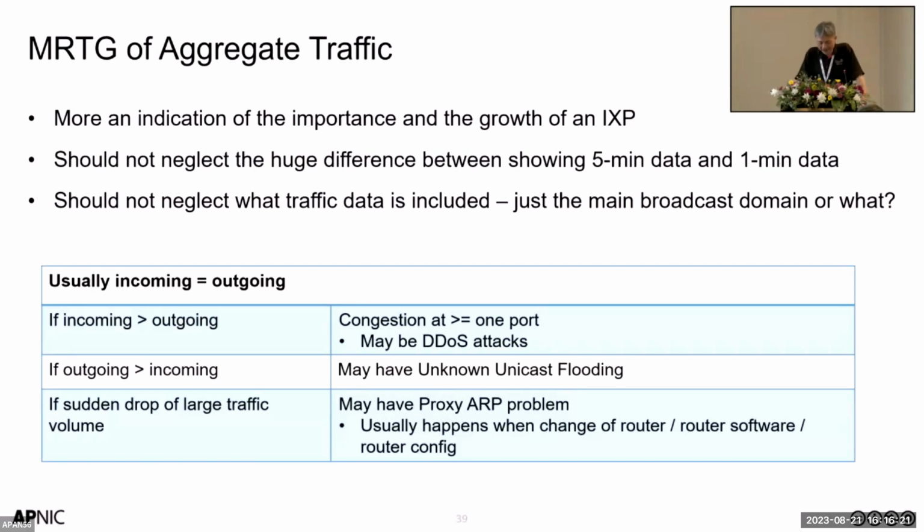And if you see a sudden drop of large traffic volume, highly likely there's a problem with a participant, and of course, you need to do things immediately as well. Usually it happens when people change router software, router config. So yeah, just by looking at MRTG traffic volume, you actually can have some insight as to what's happening.